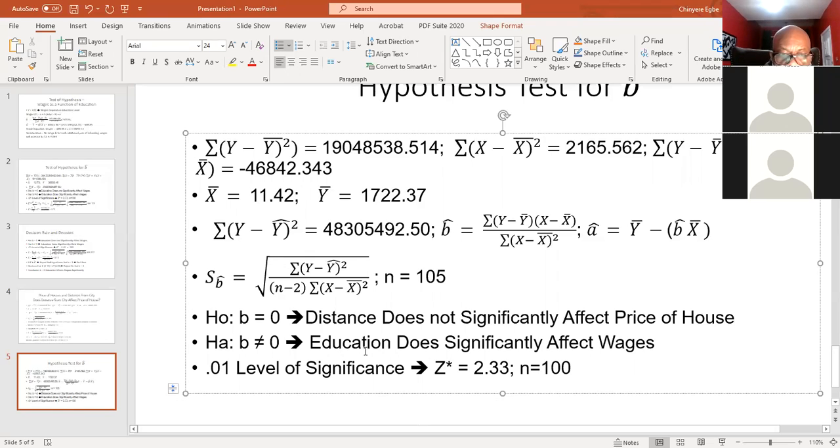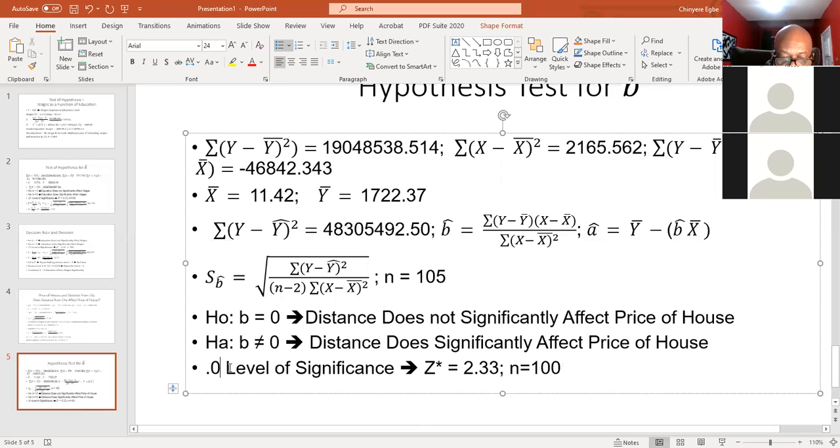The null hypothesis is that B is equal to 0, that distance does not affect the price of a house. And the alternate hypothesis is that B is not equal to 0, so distance does significantly affect price of house. Let us test at 0.005, and Z star will be 2.576. And N is actually 105 here.